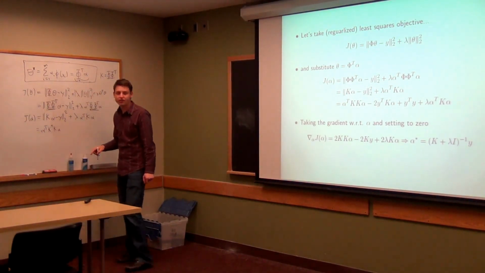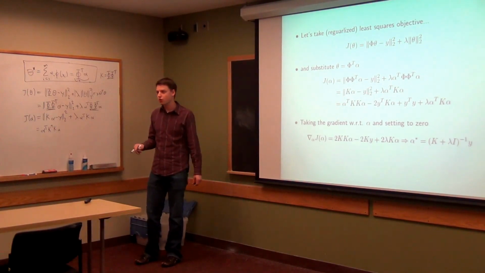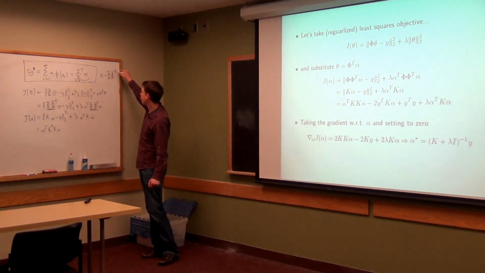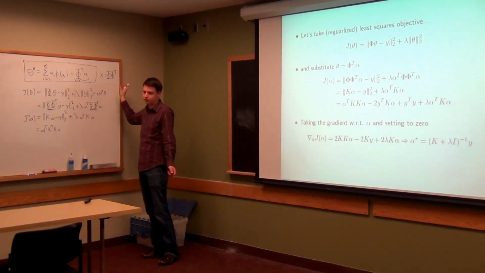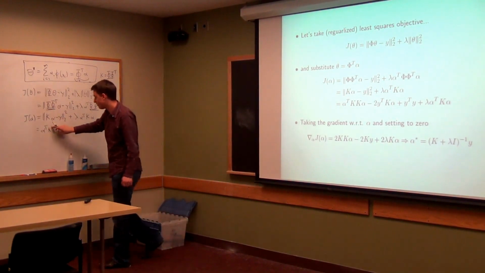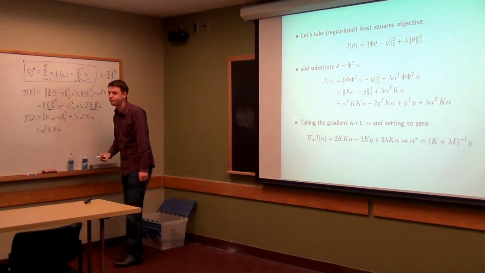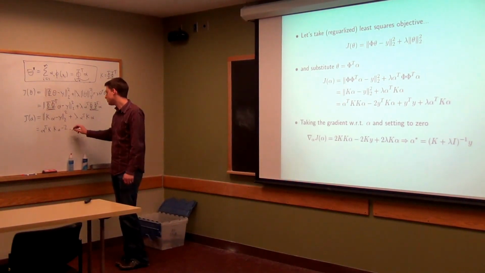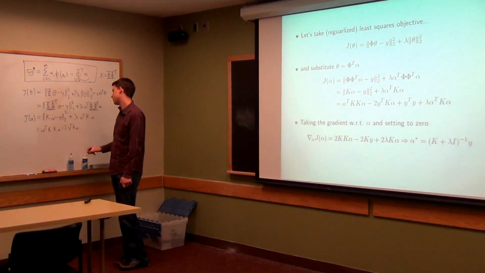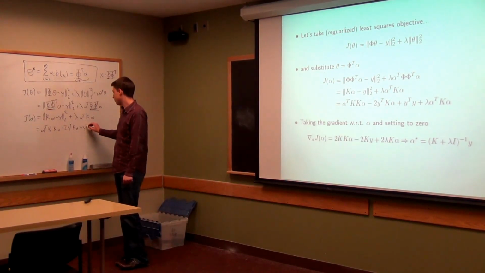K ends up being symmetric, so K equals K transpose. You can see that from this form: if you transpose this matrix, it'll be equal to itself. So we can just write K twice, like that, minus 2 y transpose K alpha plus y transpose y.